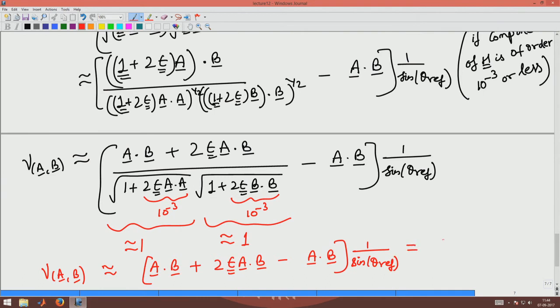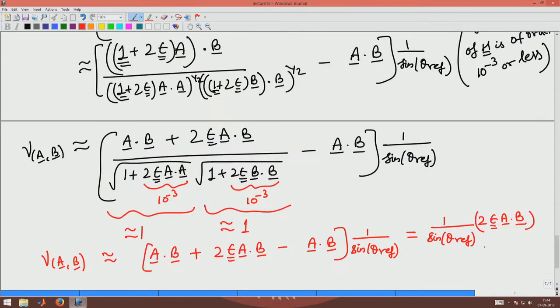This is equal to 1 by sine theta ref times 2 times epsilon A dot with B. Okay.